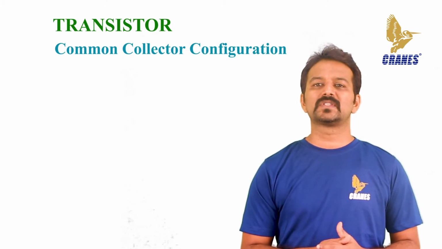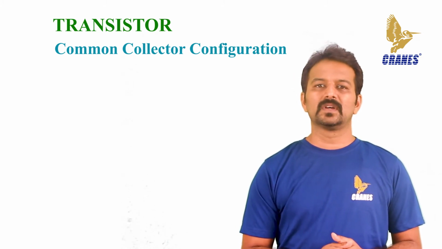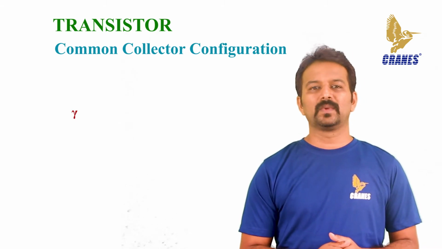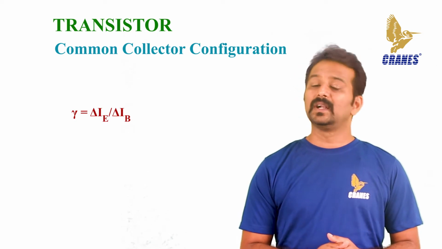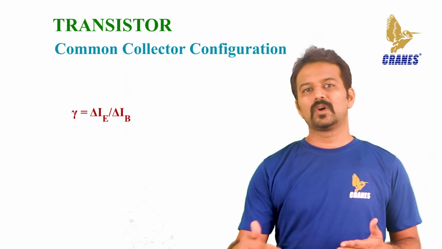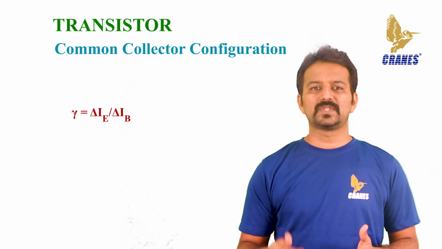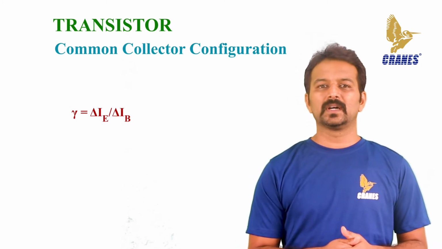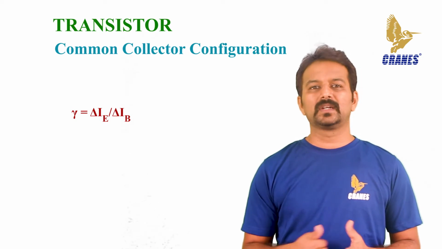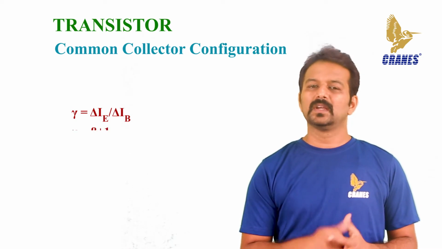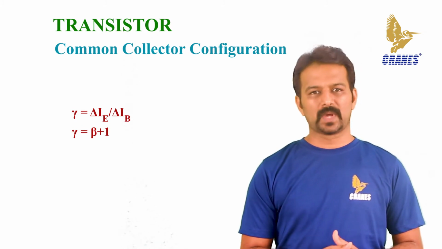The current gain of this common collector circuit is denoted with gamma and it is calculated by the formula gamma is equal to delta IE divided by delta IB. This gain is related to the CE current gain, that is beta, and the gain of the common collector circuit, when the beta value is given, is calculated by gamma is equal to beta plus 1.